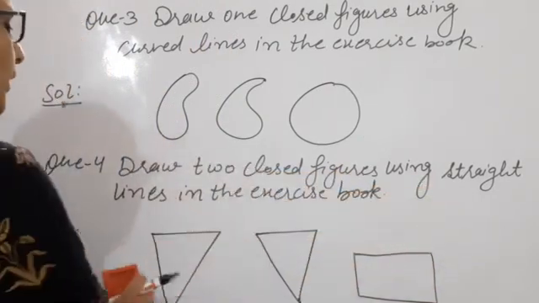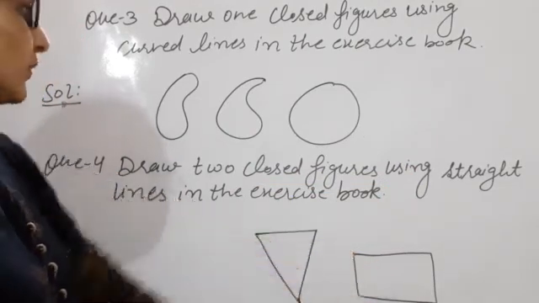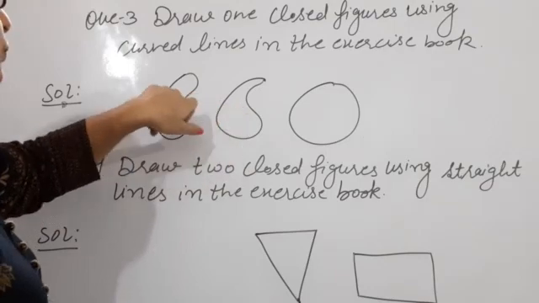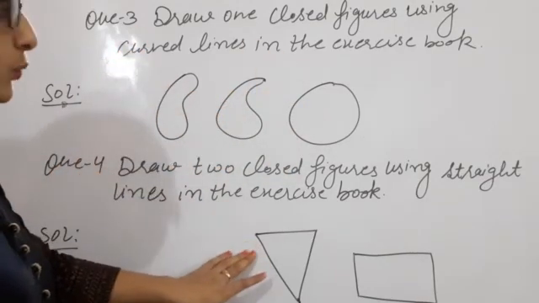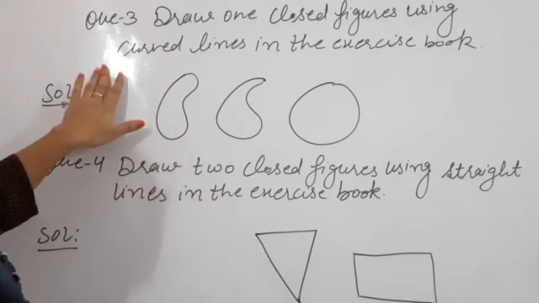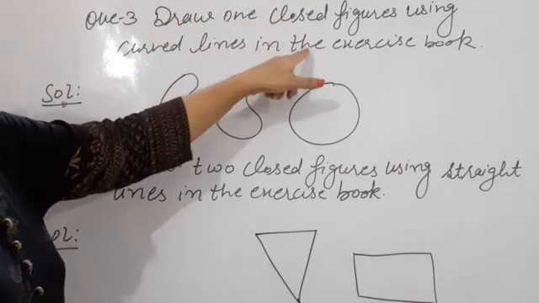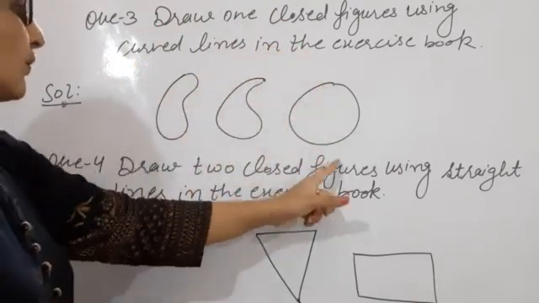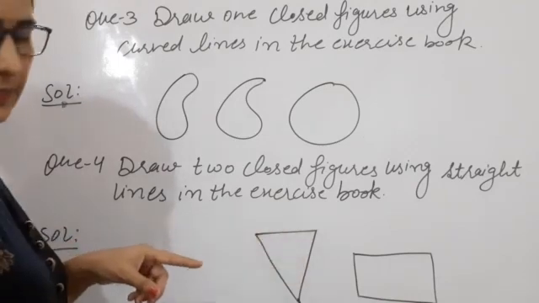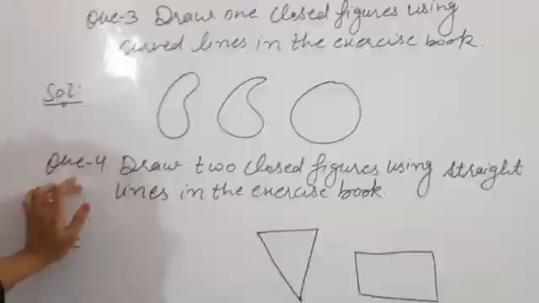You make here only two. So you can make these two closed figures, one and two. Any one here you make two. Clear all of you? So this is the question number 3. Draw one closed figure using the curved lines. Clear? Don't use the straight, using the curved, and draw two closed figures using the straight line. Clear? So this is the question number 3 and question number 4.